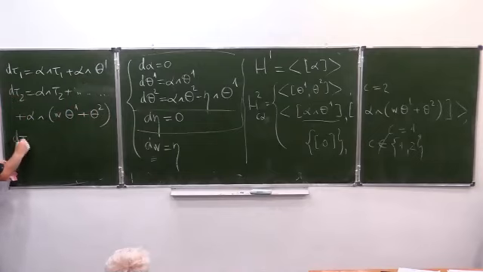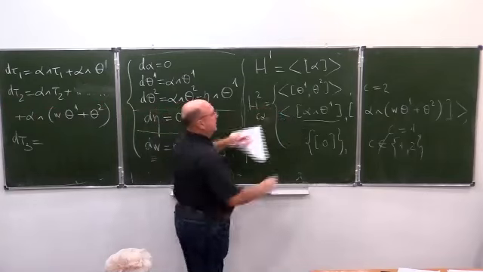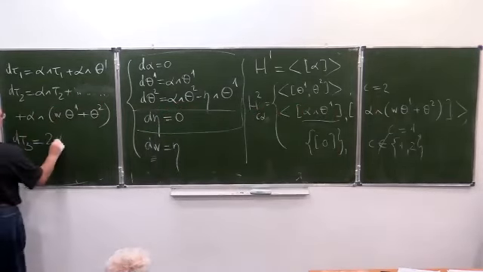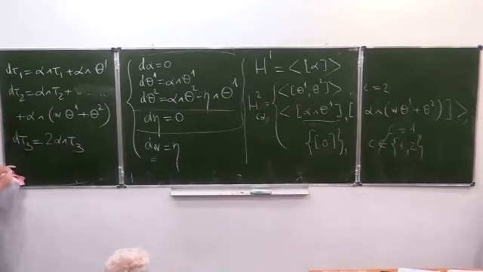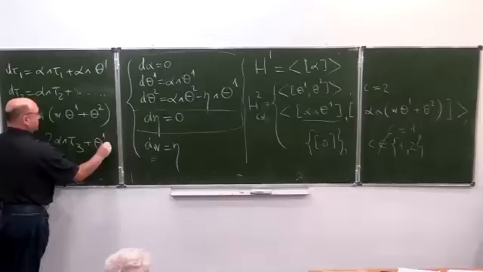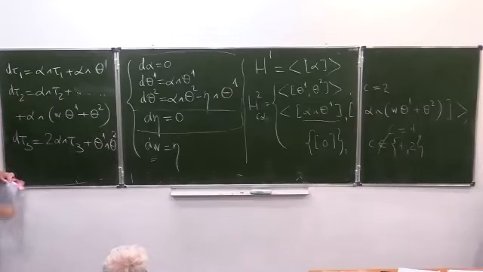And the third equation corresponds to this cycle, and C is equal to 2. So this is 2 alpha multiplied by tau 3 plus theta 1 multiplied by theta 2.